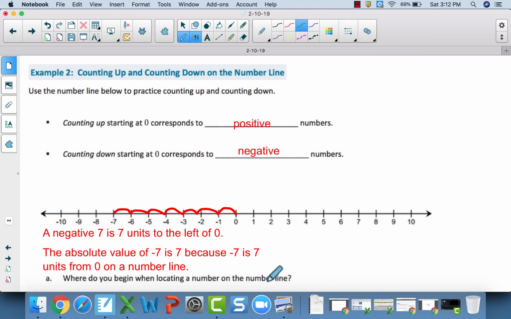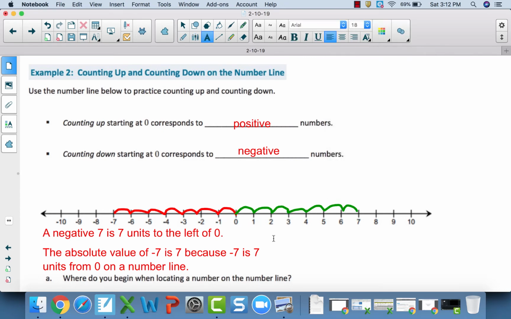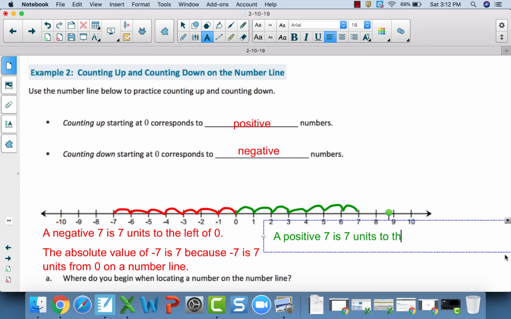Now, I'll use a different color. If I want to count up to positive 7, you would start at 0. 1, 2, 3, 4, 5, 6, 7. I'll write this in green font. A positive 7 is 7 units to the right of 0.